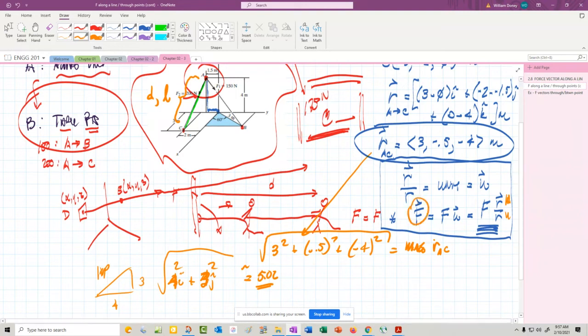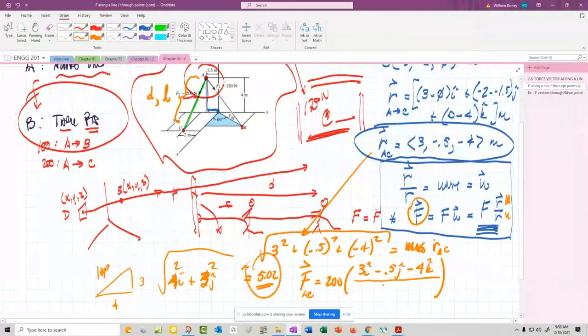All right, to finally build our force vector now, that's what we're looking for. Force vector of, we'll call it AC because it's from A to C, is going to be the magnitude, which is 200, times the position vector, which is the 3i minus 0.5j minus 4k, divided by the magnitude, which we found over here, which is 5.02.